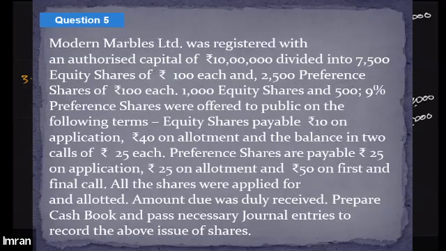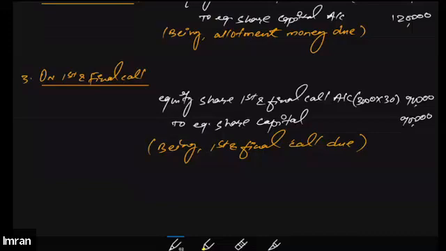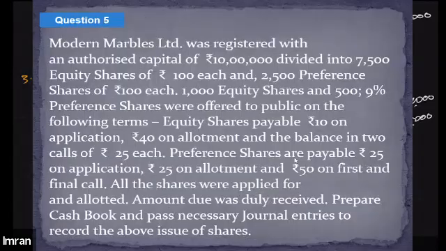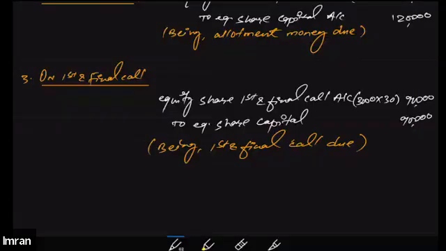Sir, can you show the entry? So, first and final call. Yeah, this is the first and final call journal entry. And can you show the cash book?